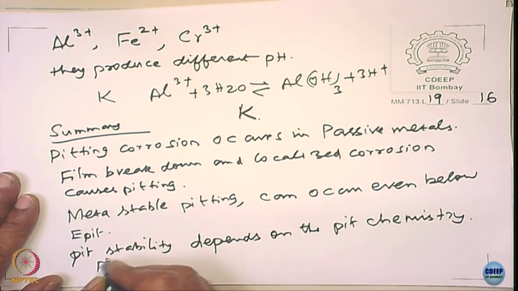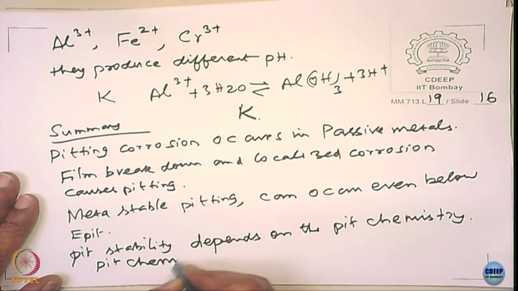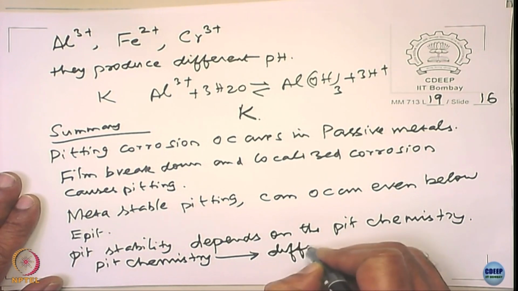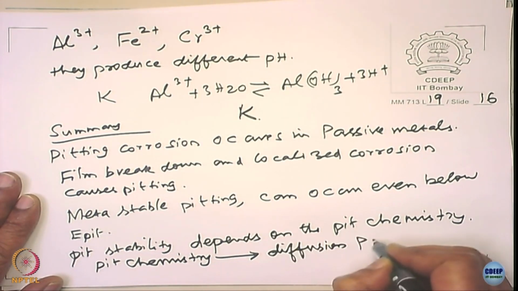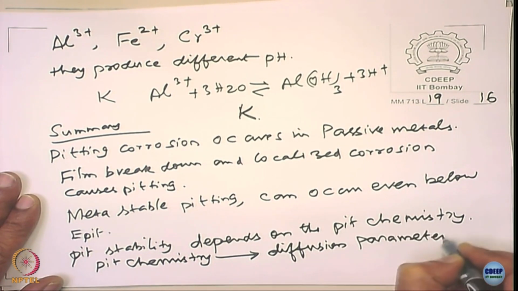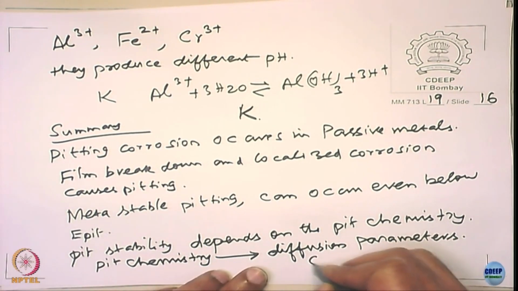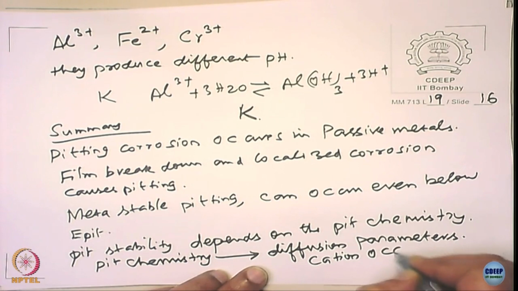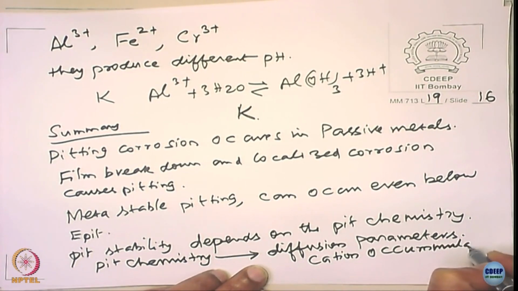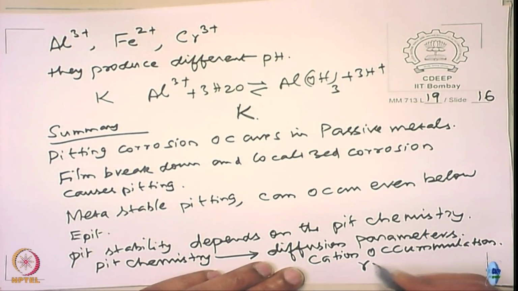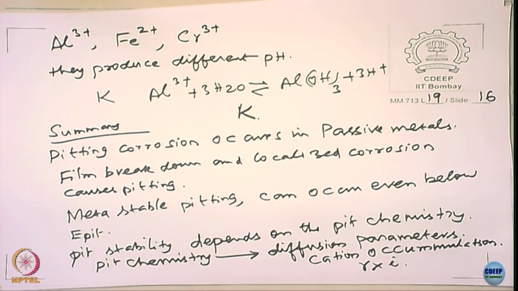Pit chemistry depends upon the diffusion parameters, which means cation accumulation, which is defined by the criterion called R times I. So please go through this, and we can discuss this.